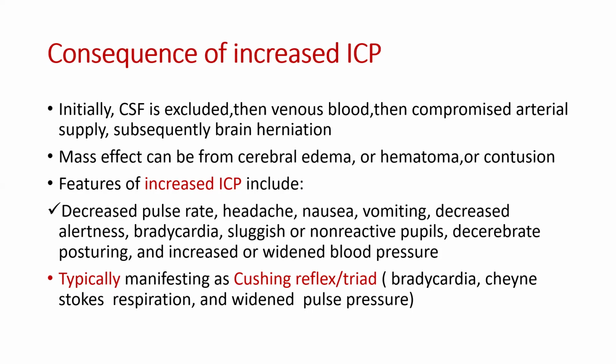The features of increased intracranial pressure include a decreasing pulse rate, headache, nausea, vomiting, decreased alertness, bradycardia, sluggish or non-reactive pupils, decerebrate posturing, and increased or widening pulse pressure. This typically manifests, if it has worsened, as a Cushing triad, which is bradycardia, irregular respiration, and a widened pulse pressure.